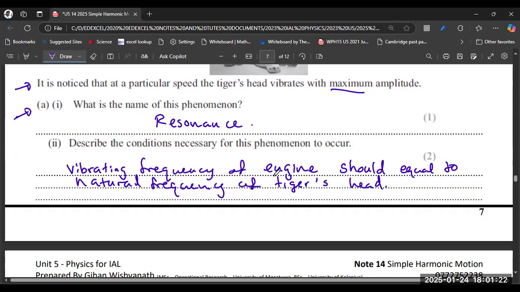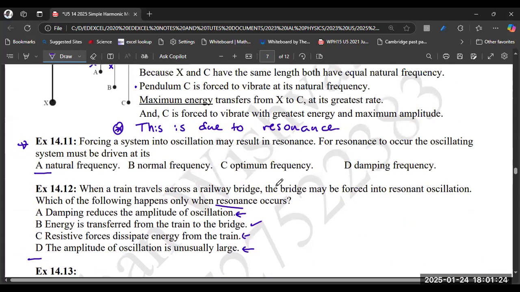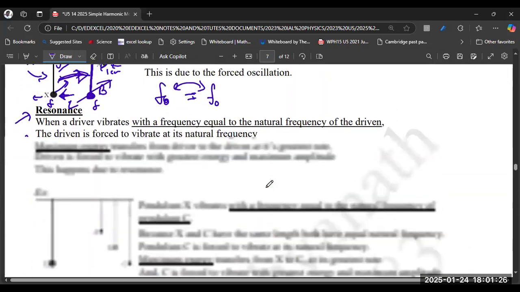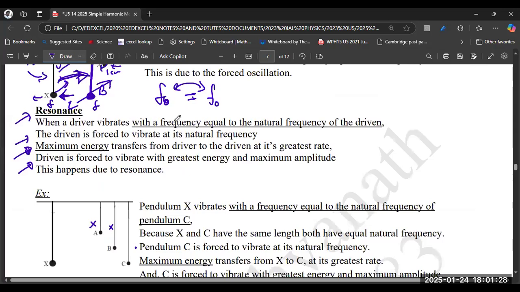We said under resonance, in the definition I told, that when a driver vibrates with a frequency equal to the natural frequency of the driven system, that is the condition. When the engine vibrates with a frequency equal to the natural frequency of the tiger's head, the tiger's head is forced to vibrate at its natural frequency.